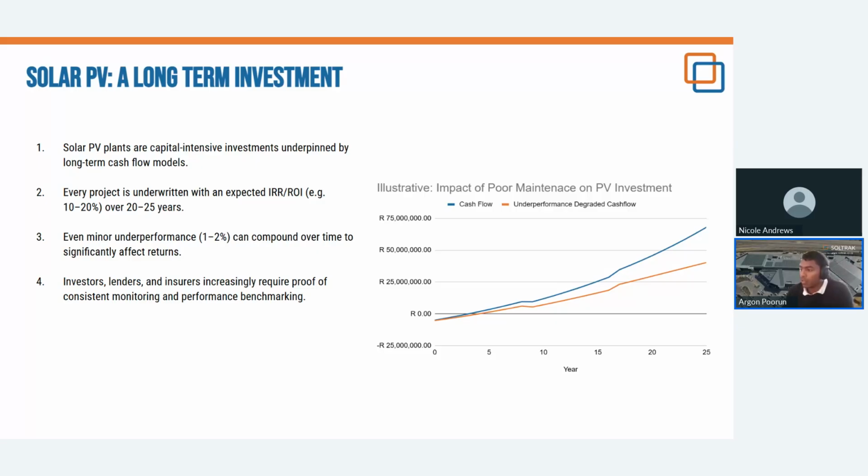As you can see from the graph, it's an exponential effect. Whilst it might not seem like much of an issue in the first few years, when you look at the long-term returns of the asset, it does become quite significant.